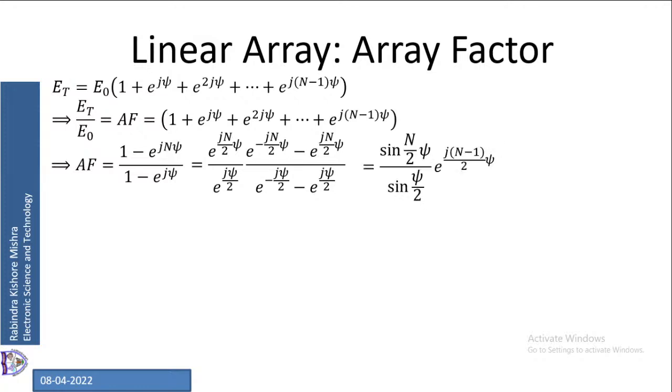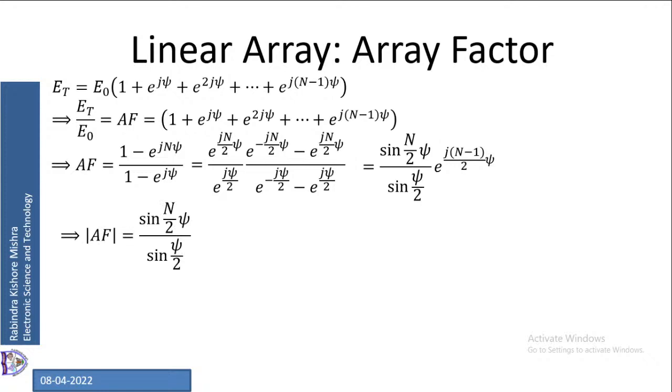In the numerator and denominator you can multiply by minus 1. So from that you will get the first term exponential j n by 2 psi divided by exponential j psi by 2, that gives us exponential j n minus 1 by 2 psi. So that term is there. Then the numerator part is sin n by 2 psi. Denominator is sin psi by 2.